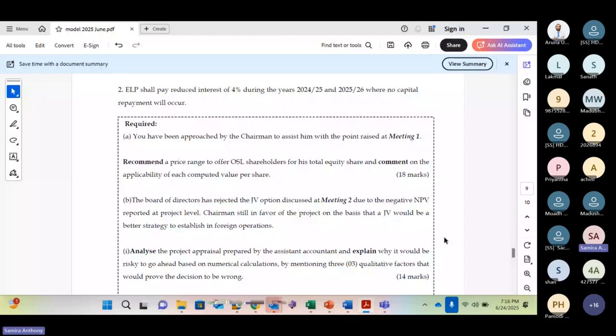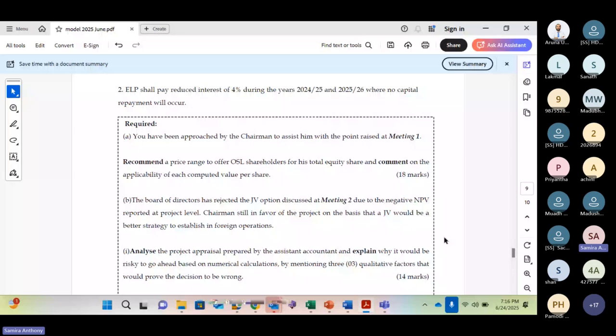Now we can go for the first one. We have to recommend a price range and comment on the valuation model used. They have decided to use the discounted cash flow method and asset-based valuation. Let's start with asset-based valuation.